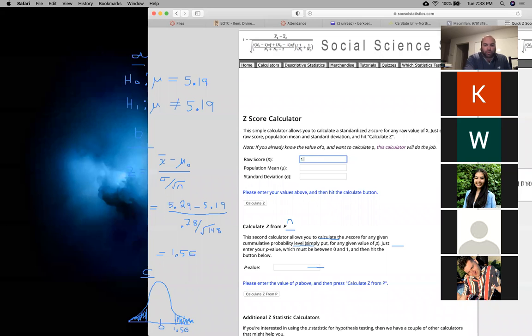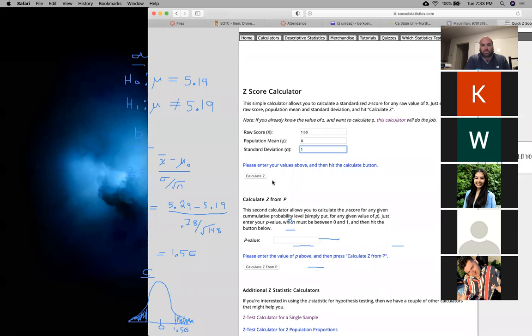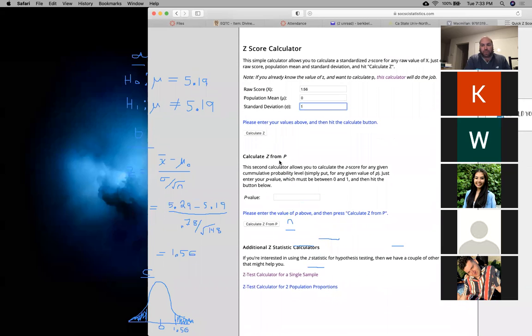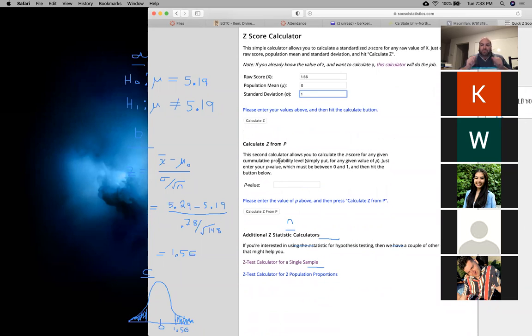The p-value is the probability of being past your z-score in terms of further from 0. But if it's two-sided, then it's both sides past your value. So if you got 1.56, then to be further from 0 means past 1.56 or past negative 1.56. Where if it's one-sided, it's just past 1.56.